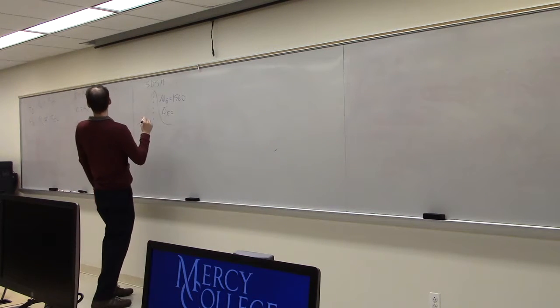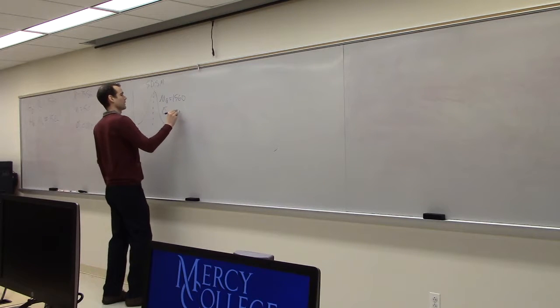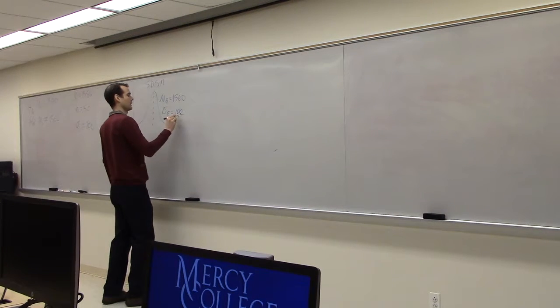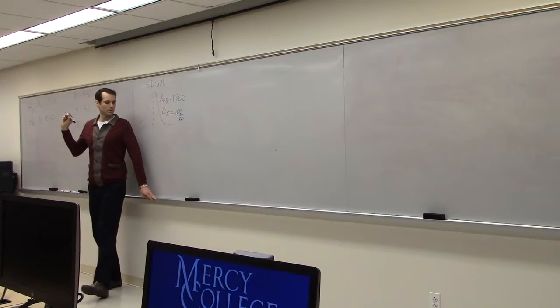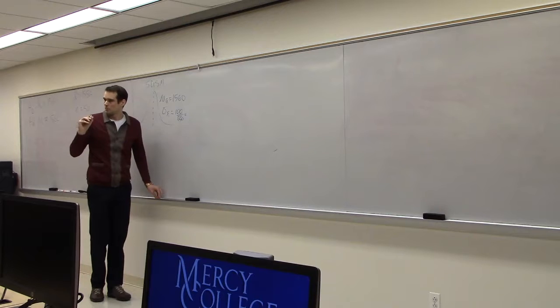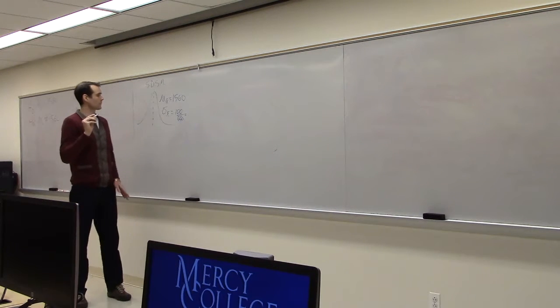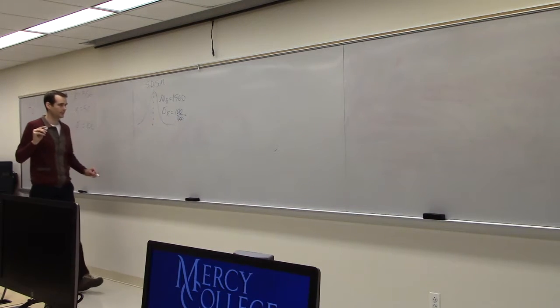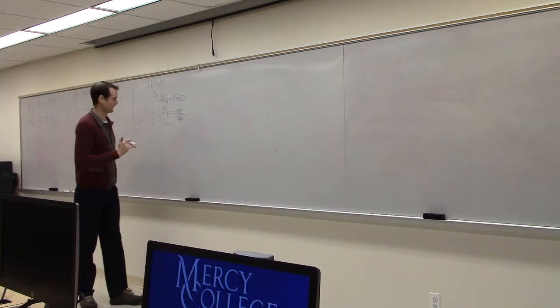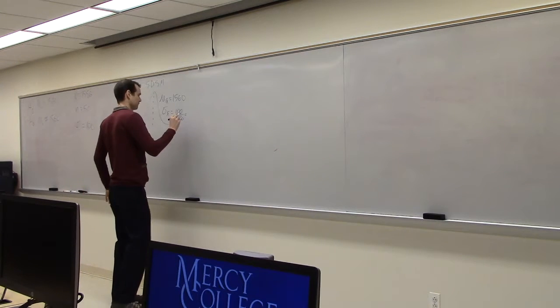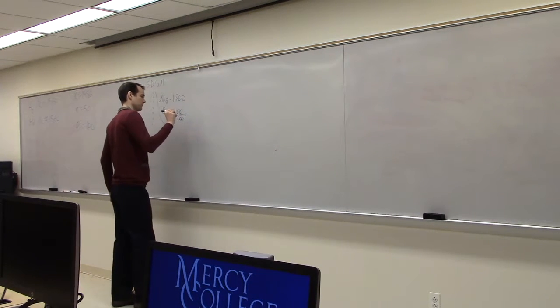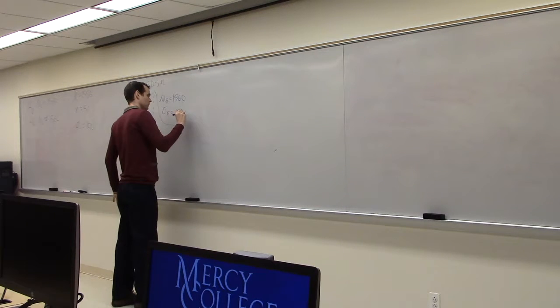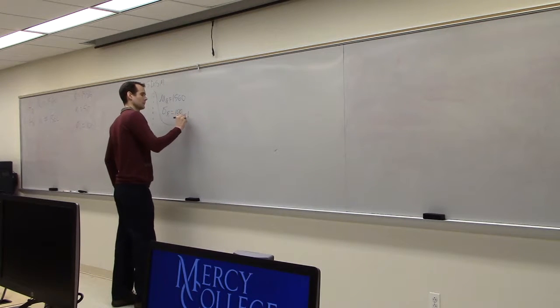And we actually can calculate that. So 100 divided by the square root of 50, what's that come out to? $14.14.